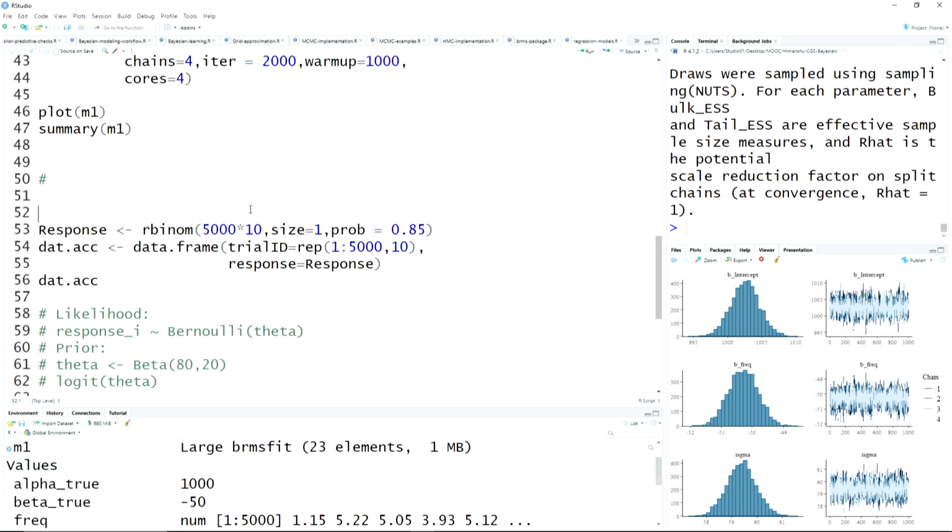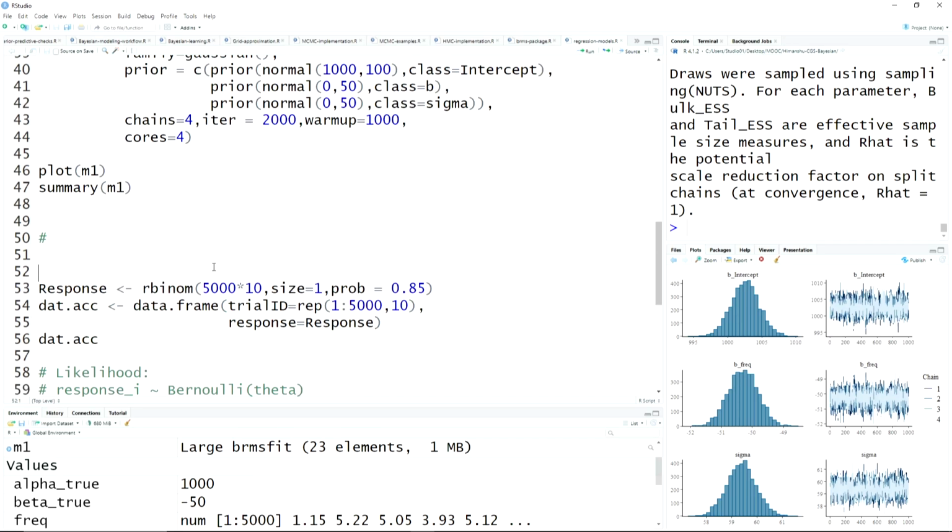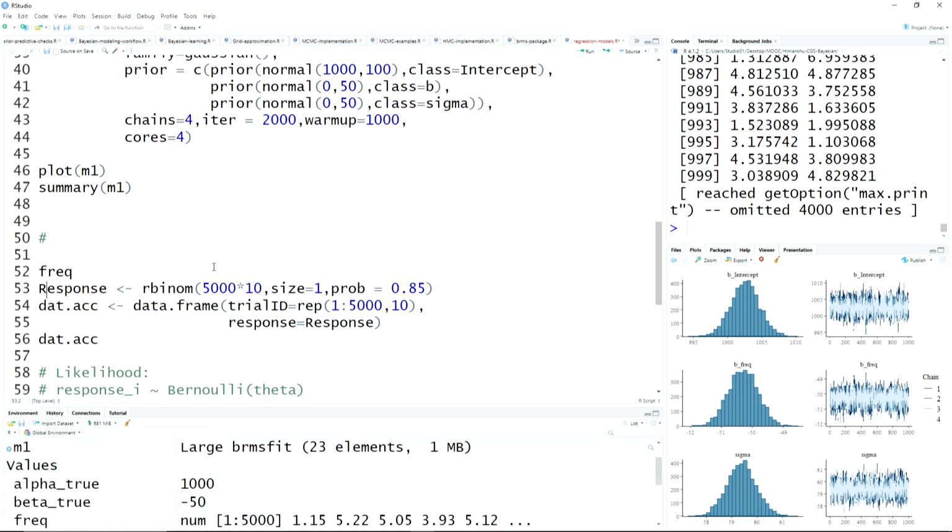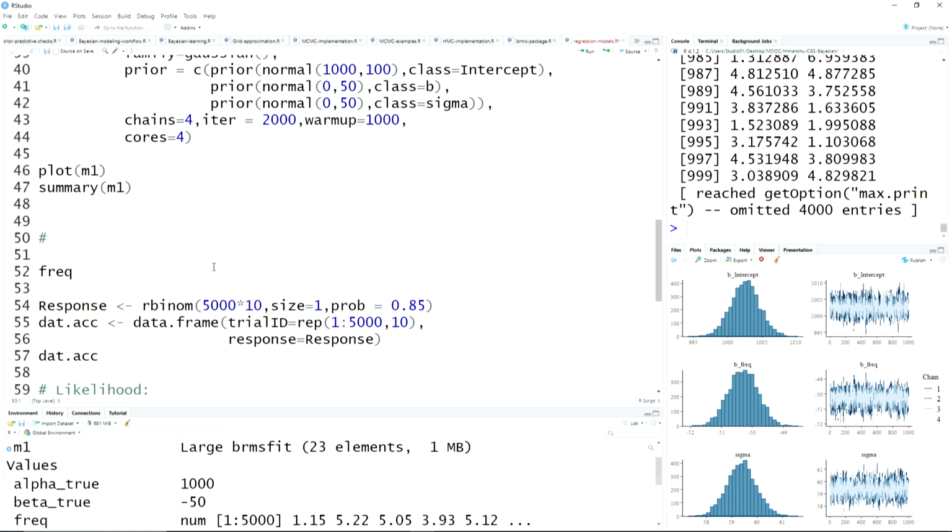I've already done some Gaussian regression. So let me first generate fake data for accuracy, which depends on frequency, and then I will fit a logistic regression model. I can actually use the same values of frequencies that I had earlier, right? Now I just need to generate a vector of theta from these frequencies, which would be, so this is actually the sigmoid function, or the inverse logit function, and parameter alpha_t, beta_t into frequency.